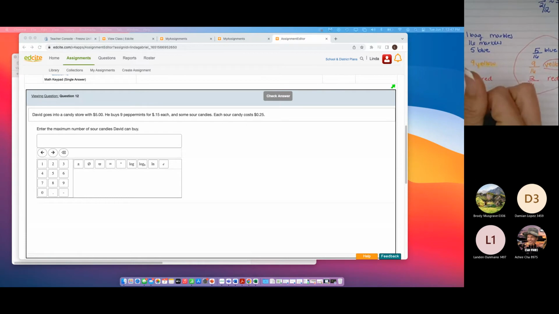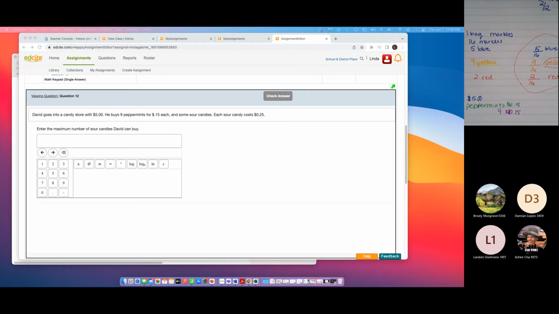Peppermints are 15 cents each, and he's going to buy 9 of them. All right, so 9 times 15 cents. And then it says, and some sour candies. Each sour candy costs 25 cents. Enter the maximum number of sour candies David can buy.